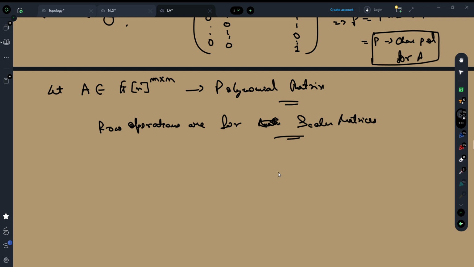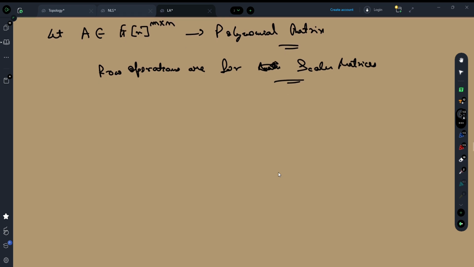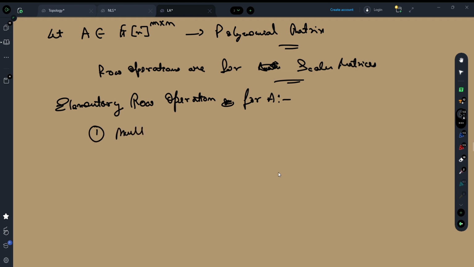So analogous to this, we want to define some row operations for polynomial matrices. These things are obviously analogous, with a slight change to it. We will observe the slight change. So how can we define elementary row operations over F[x]?